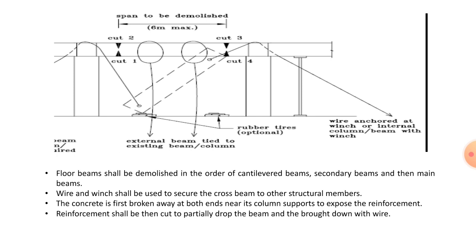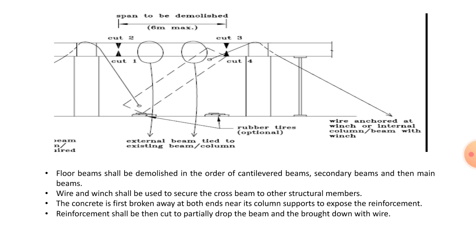Why it is done? Because you can see when cut 1 and cut 2 are being done, the beam will fall down with a certain force, and that thrust will come down to the surface and it will hit the ground, right?